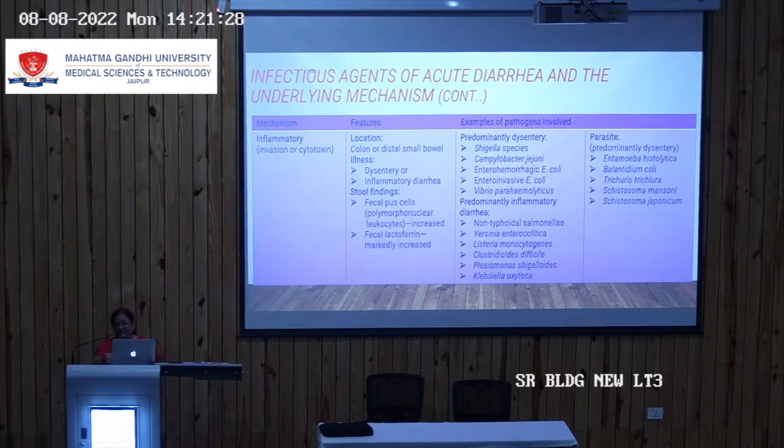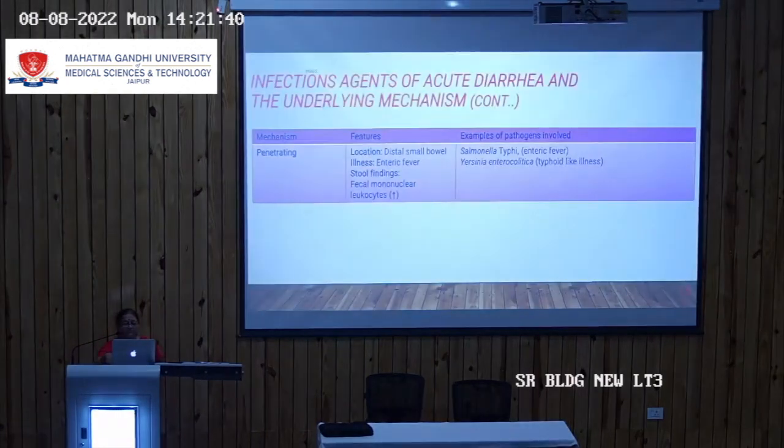Then there are parasites also which predominantly cause dysentery. These are Trichuris trichiura, Balantidium coli, etc. Now, another mechanism is penetration of the mucous wall of the intestine. The location is generally the distal small bowel. Illness is enteric fever.